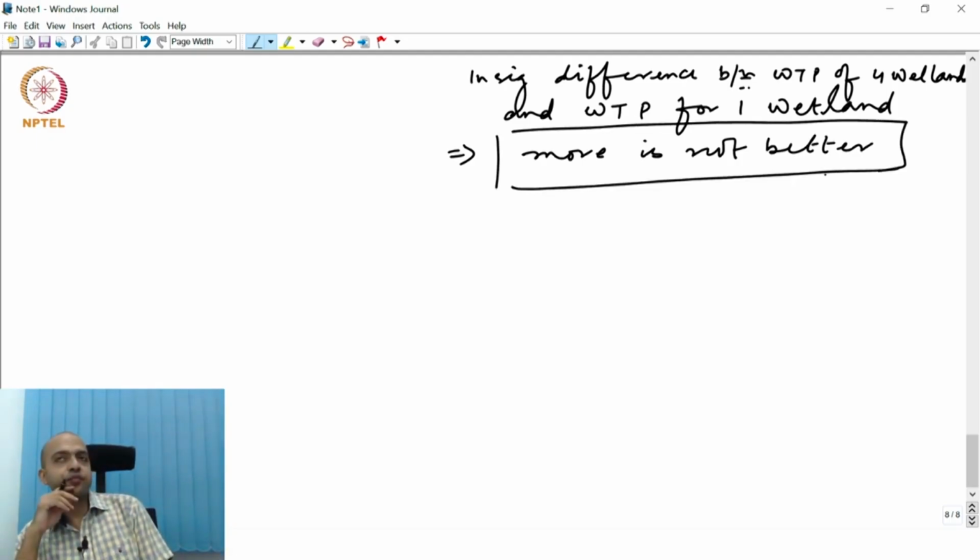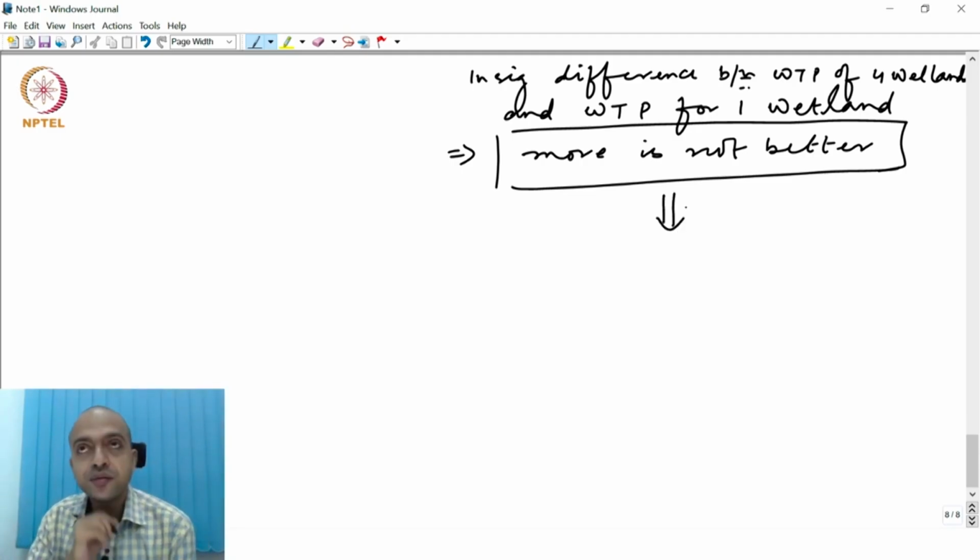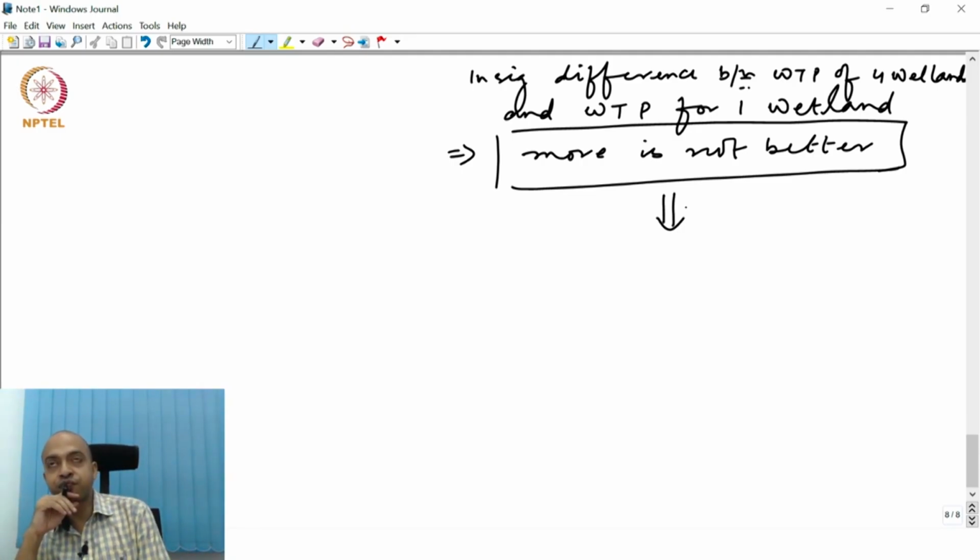But more is better is the assumption that we make about the individual's preference or utility function to derive this type of utility measures. So when this is violated, we can say that individuals' willingness to pay are not coming from the standard preference that we have assumed earlier.